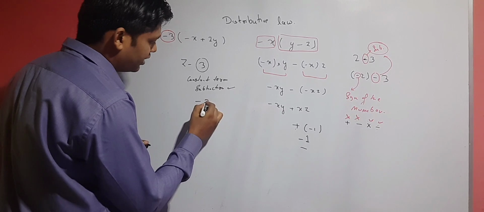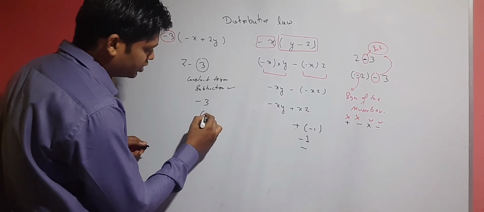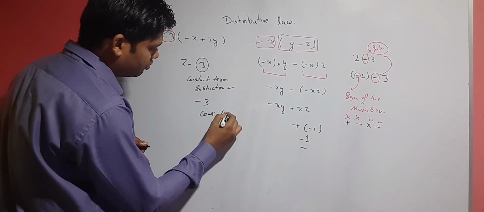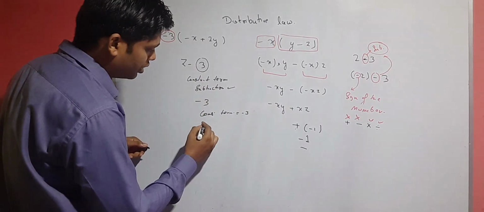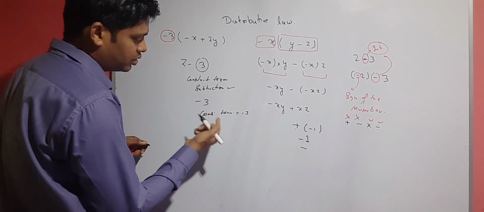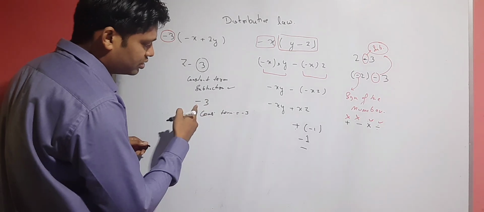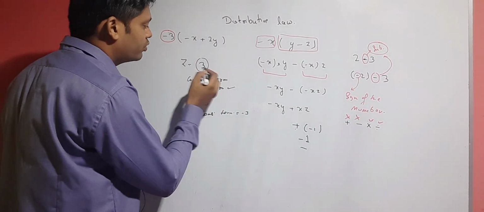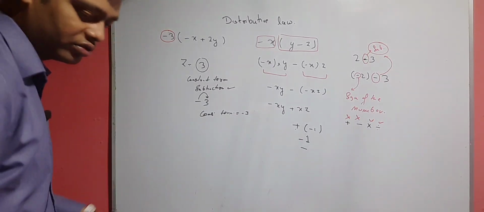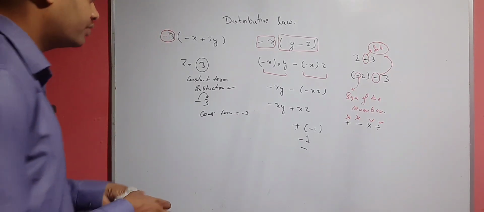If I say it like this, then the constant term is equal to minus 3. Here also minus 3 you can write as the constant term. So this is the minus of the number, and this is the minus which says you have to do subtraction. You can write this one. It's very important.